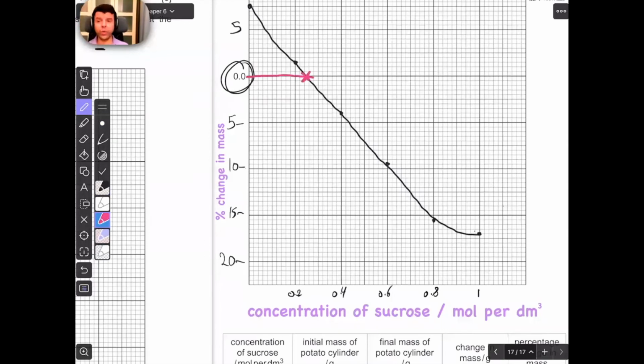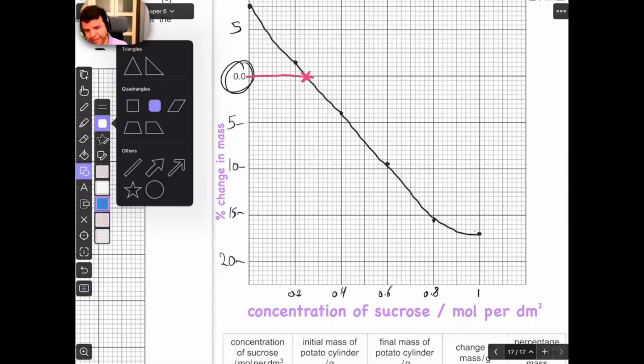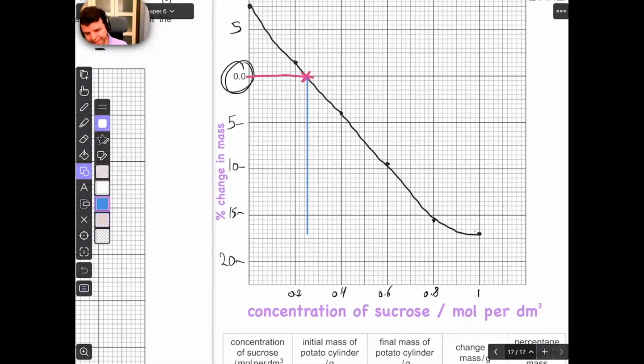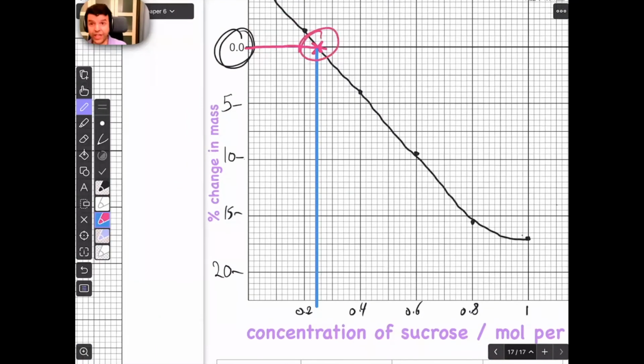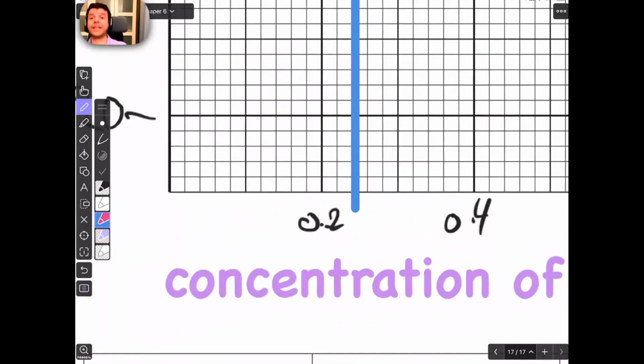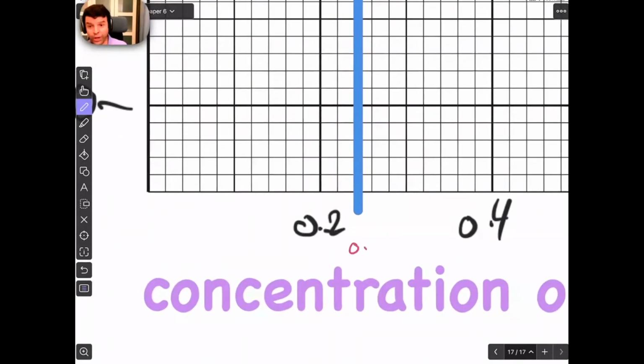What are you going to do now? With your ruler, take this and see what exactly the concentration is right there. So read how much the concentration is when there was no change in mass right here. How much is this? This is nearly 0.24, yeah, 0.24, 0.26, somewhere in this concentration.